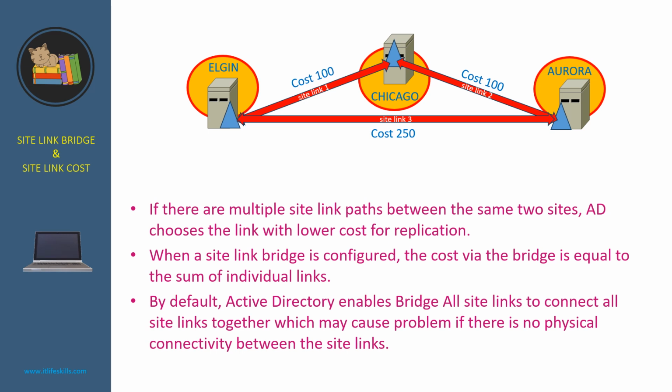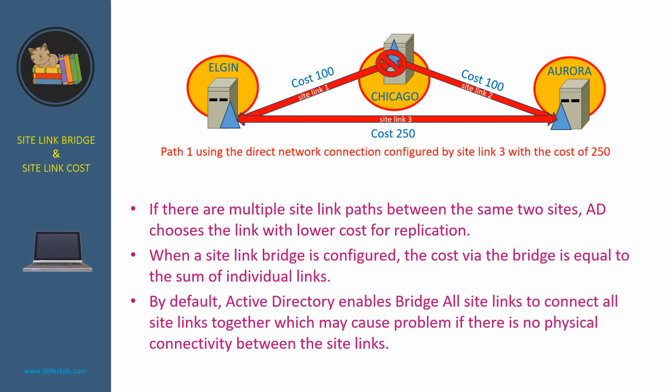To understand these concepts, let's take a look at this diagram. As you can see, without bridging, the replication between Elgin and Aurora is via path 1 using the direct network connection configured by site link 3 with the cost of 250. Let's assume Chicago router does not route the traffic between Elgin and Aurora.